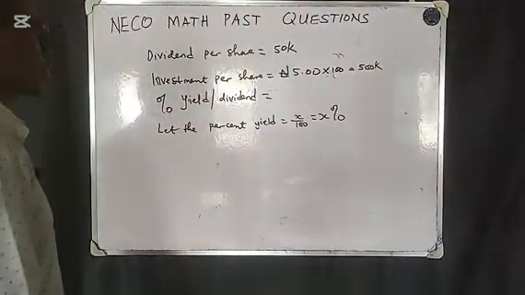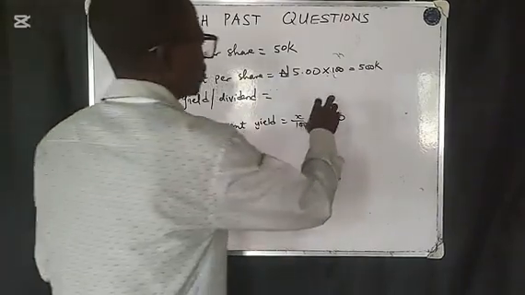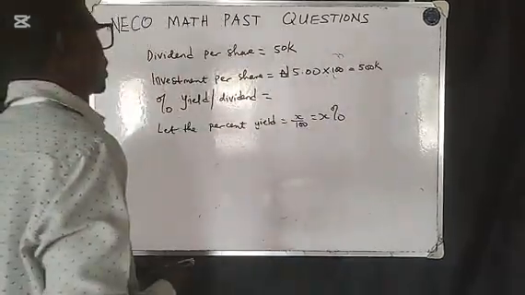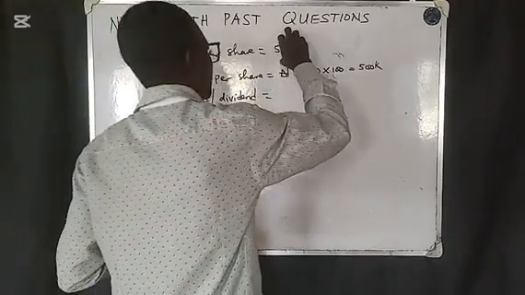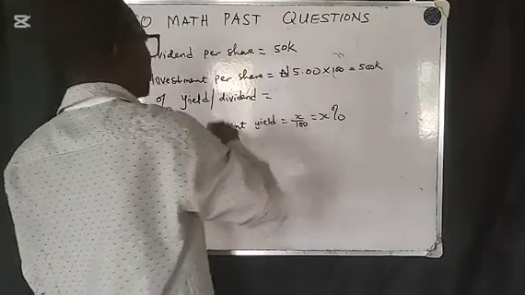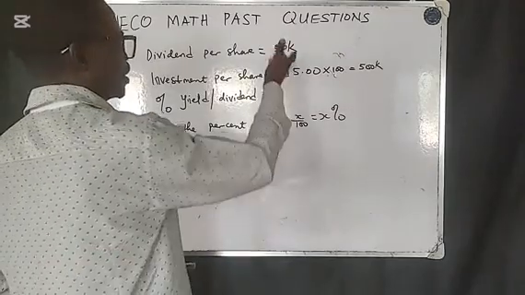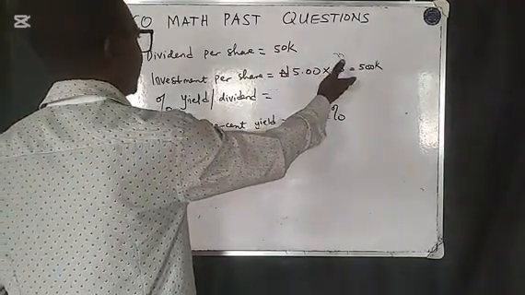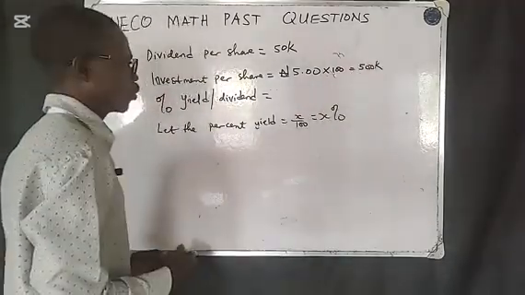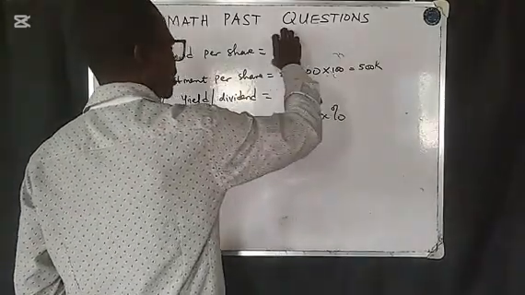So from the question given to us, X percent of this will yield this, because they have already given us the dividend, but they are not asking us for the dividend. They're asking for the percentage of the dividend, based on the investment per share. Investment per share is 500. So X percent of this will give us this.